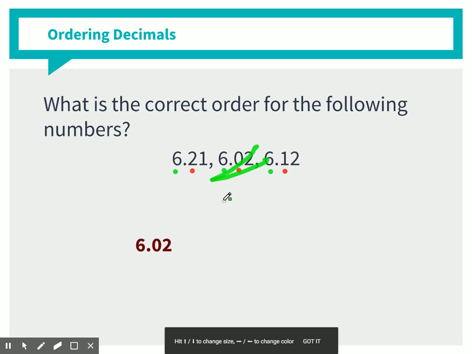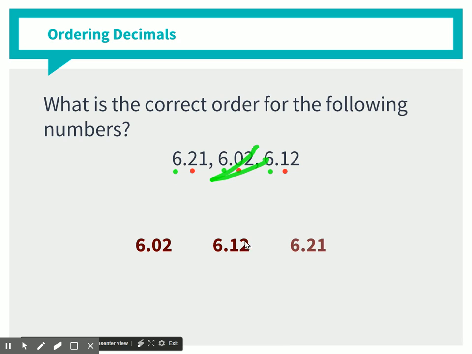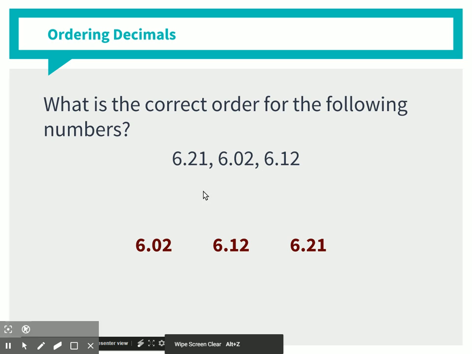It's gone. And say, okay, now let's just look at these two numbers that are left. Well, 6.12 is going to be smaller than 6.21 because the number is 1 first, and then the 2 is greater, so that would come after that. So this would be the order of our numbers. So pretty easy. And most of this should be review.